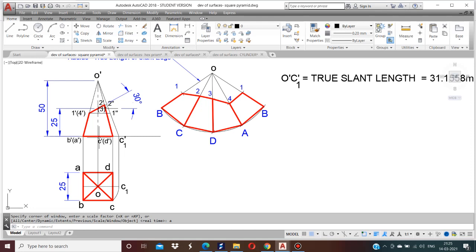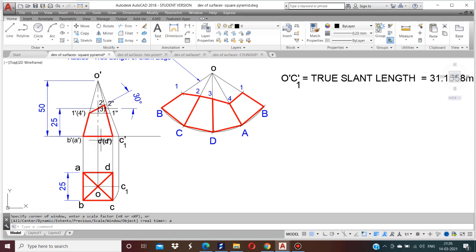From the center point, at the height, draw a vertical line and mark it as O dash. The height of the pyramid is 50 mm. From O dash, join O dash to B dash and O dash to C dash using a scale, and complete this triangle.